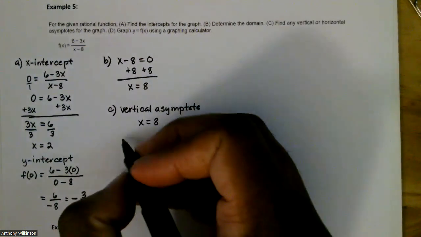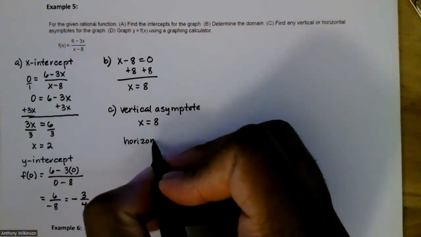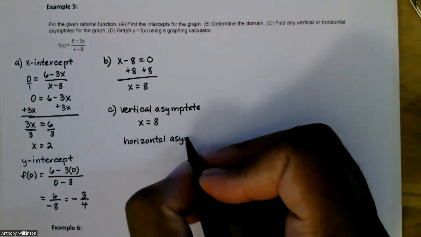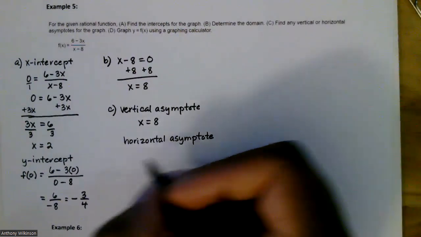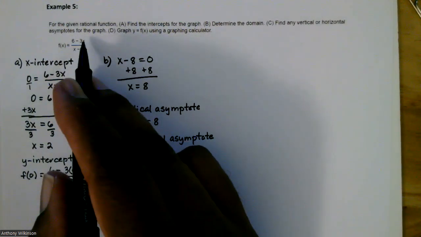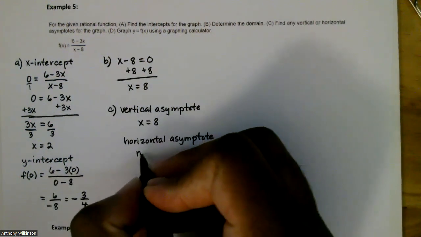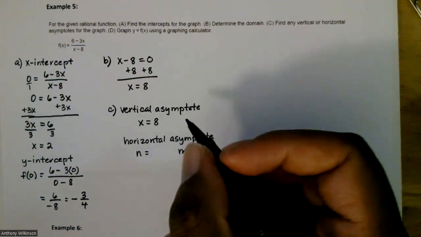Now for the horizontal asymptote, let's look at the highest exponent in the numerator. I'm going to label this as n for the degree of the numerator and m as the degree of the denominator.